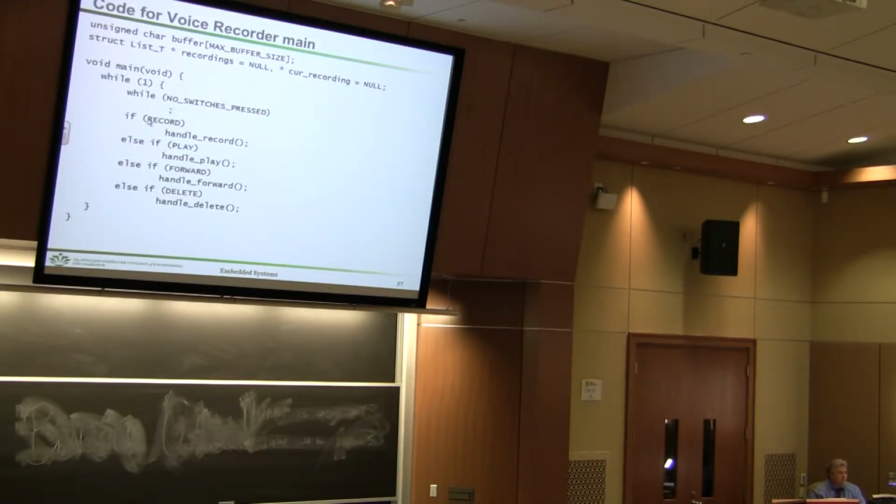So, if the button that we pressed was the record one, then we'll just run this little program called handle record. If we hit the play, then we'll do a play. Or we can go forward, or we can delete something. So obviously, we're not going backwards. We're just going to record, play, and we could advance to the next message. That seems easy enough, right? Is there anything in here that's difficult to understand?